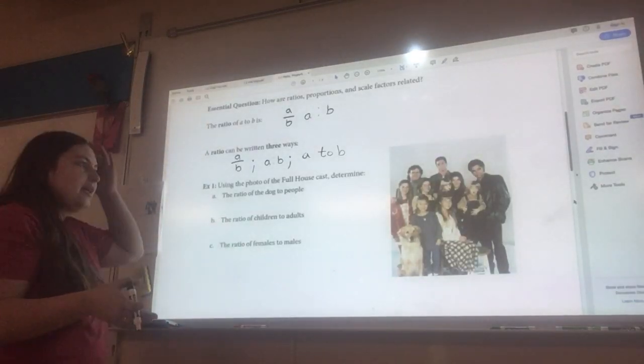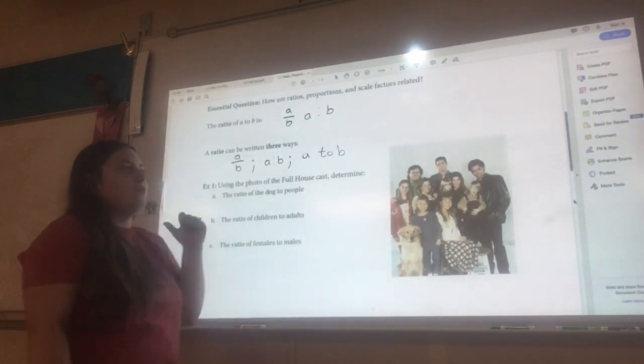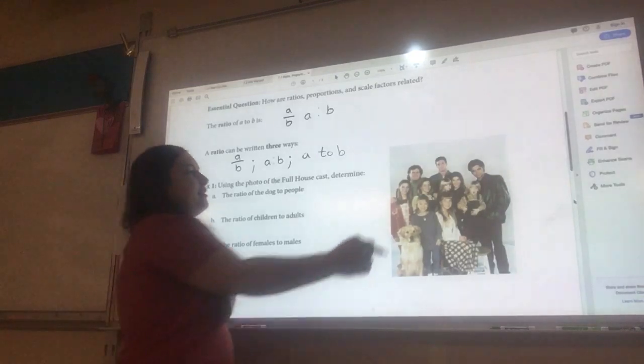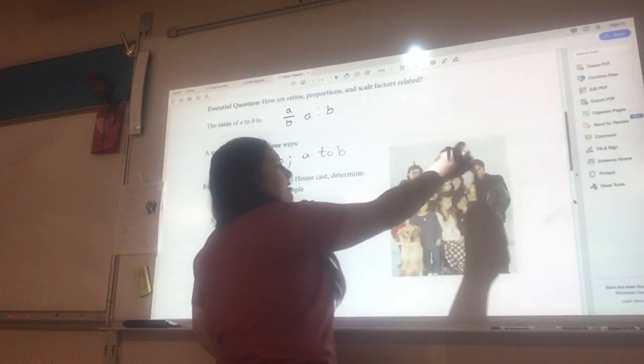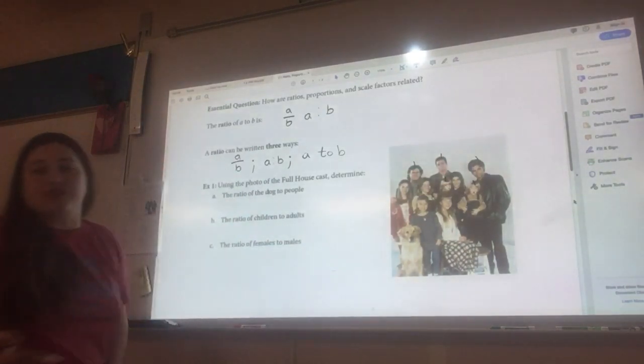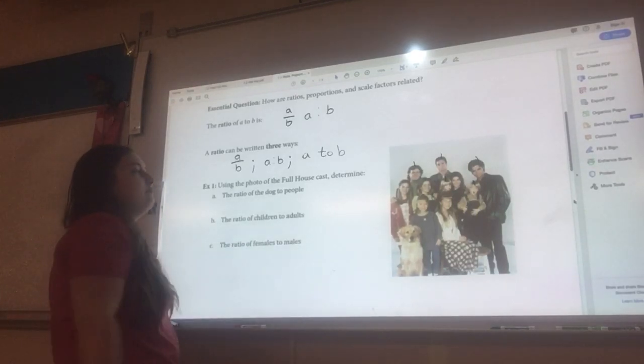So we're going to use this quick example photo of the Full House cast. Many of you probably have not seen this show. If you have not seen this show, this is a dude, this is a dude, this is a dude, this is a dude, and this is a dude. The rest are females, and then there's a dog. So we want to know the ratio of the dog to people. How many dogs are there?